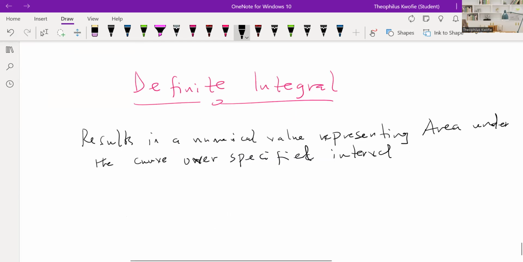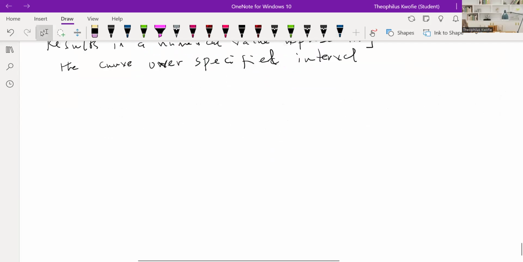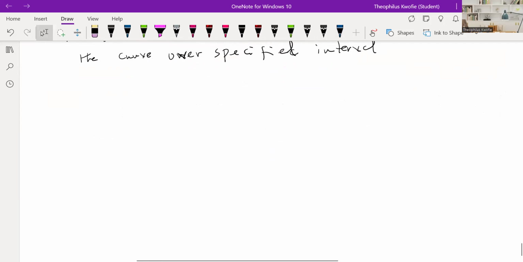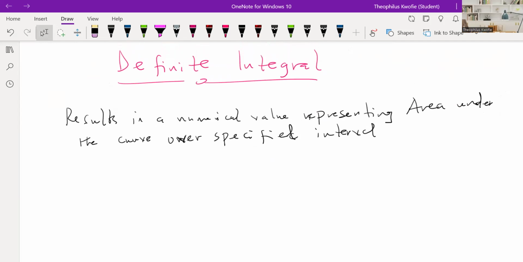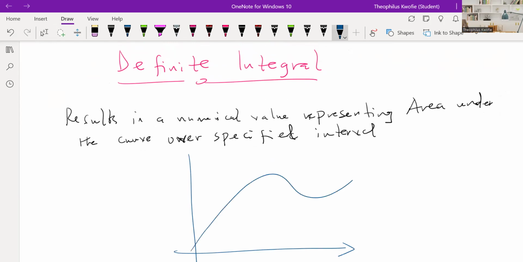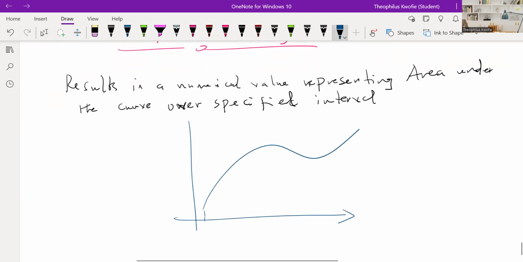Okay, so I can give you a pictorial picture to help you understand what I'm trying to explain. If I have a graph as this, let's say the curve is of this nature, we have this nice area, and the interval is from A to, let's say, this point B. Now the point is, how do I find the area under the curve, which is this area?